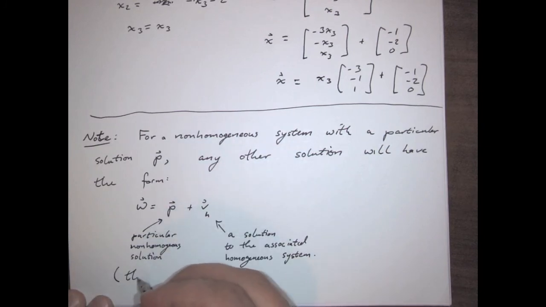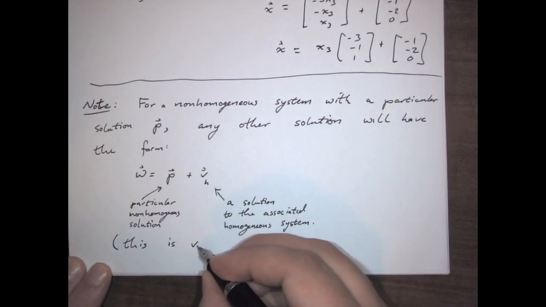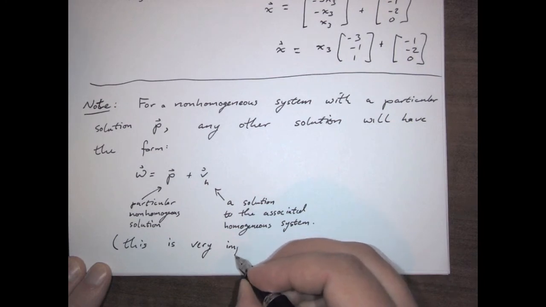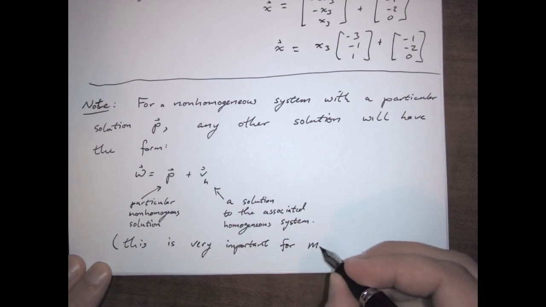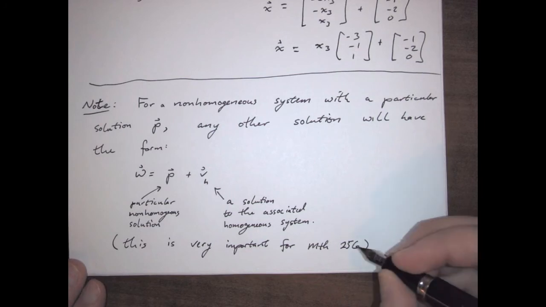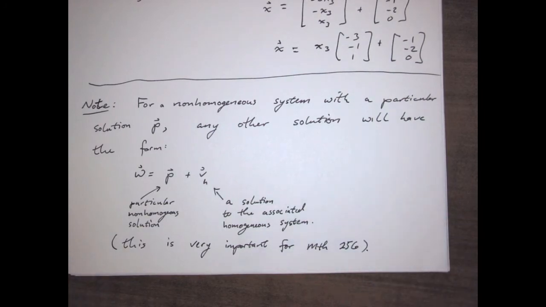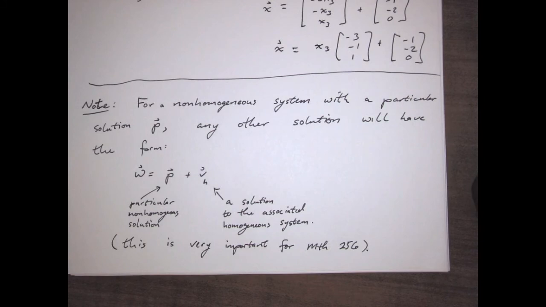So this is very important for Math 256, more so than it is for us. Geometrically, what this means is that the solution set to a system of equations forms what is called a hyperplane. However, that's not something that is quite within your pay grade right now, so we're not going to write it down. I just want to let you know what it generally means.